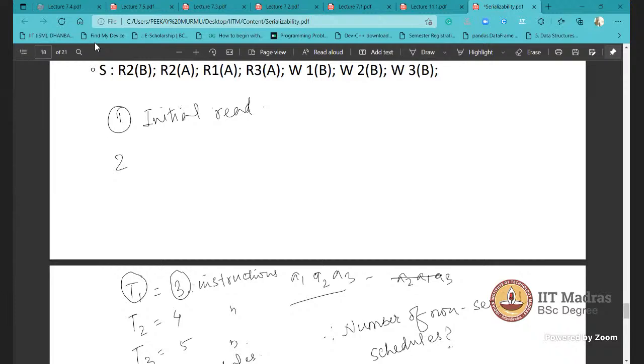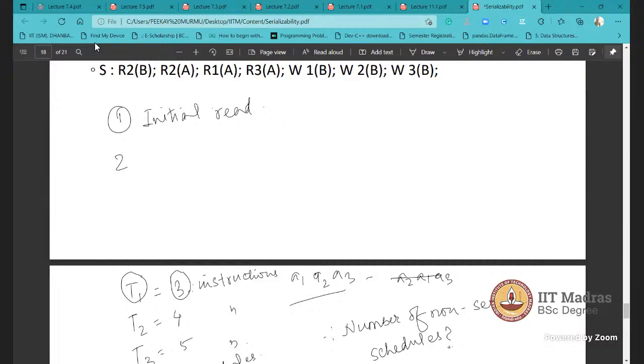If any data item is finally written by T1, then in S' also it should be finally written by T1, as in the serial schedule.